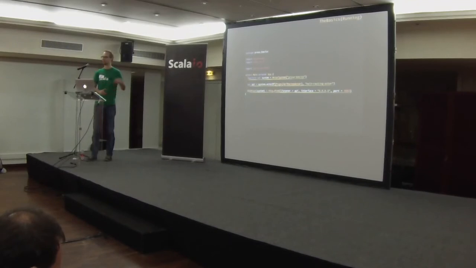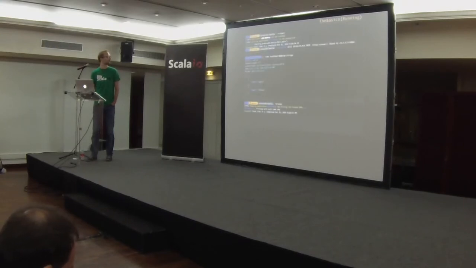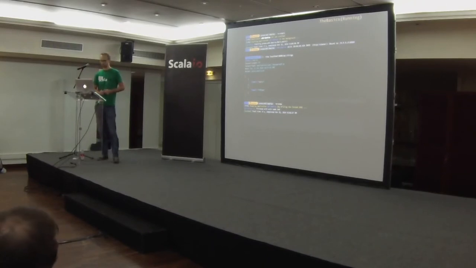It listens on the port. You send it requests, and it will pass through the API actor, and your route handler gets executed. So if you run that, there's a very cool SBT plugin called Revolver, which makes it very nice to do iterative development.